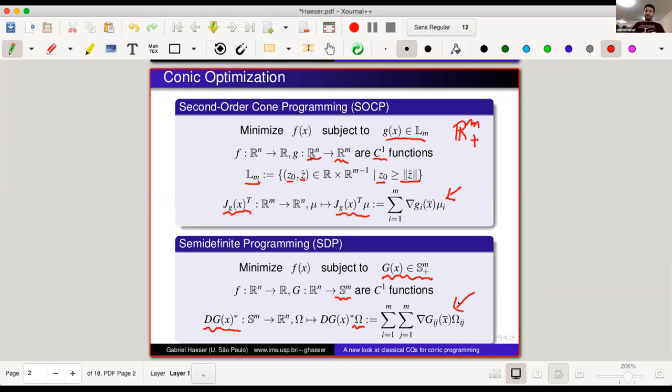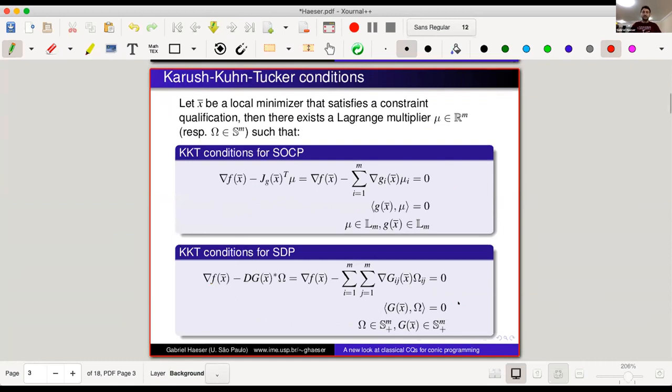So in terms of derivatives, this is quite similar to nonlinear programming, and we want to discuss first order optimality conditions of these problems. Under a constraint qualification at a local minimizer, we can show the existence of a Lagrange multiplier, which is a vector in the case of second order cone programming, or a symmetric matrix in the case of SDP, such that the usual gradient of the Lagrangian is 0, which is exactly the same as NLP, and also this complementarity constraint.